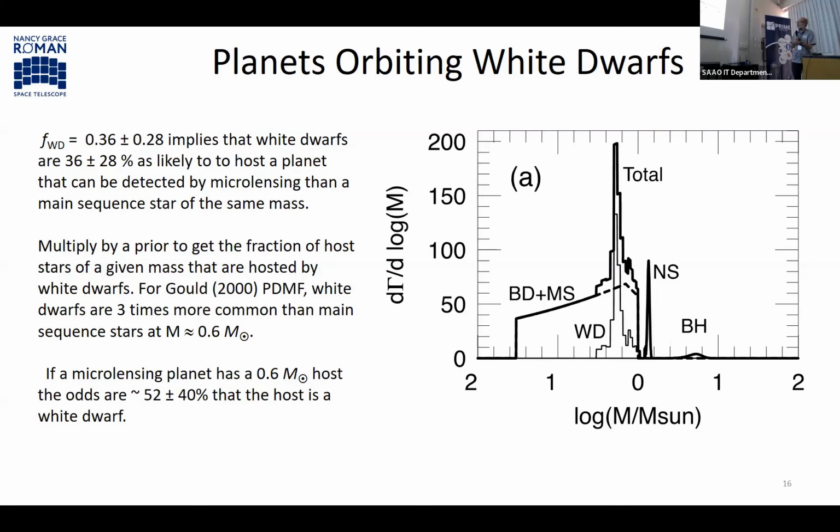So for a microlensing planet with a 0.6 solar mass host, the odds are about 50%, with a large uncertainty, that the host is a white dwarf. And so for events where we determine a mass of 0.6 solar masses from microlensing parallax, there's a good chance that the host could be a white dwarf.